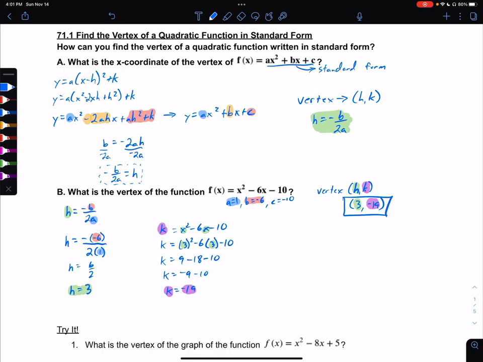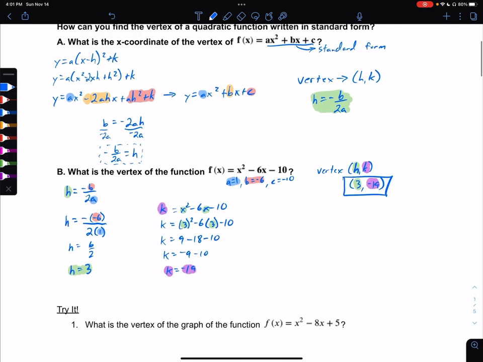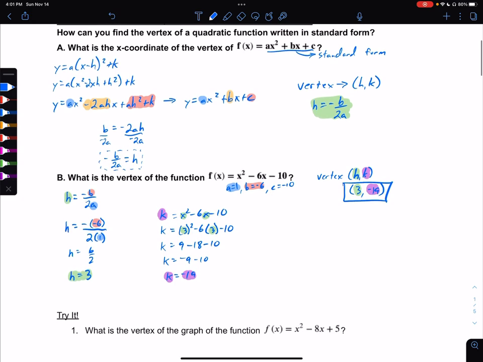Now in a problem like this, anytime they're asking for the vertex, you're going to need to use this formula, h is equal to negative b over 2a. That'll be your starting point. Once you find the h value, you then plug that h value into your standard form function, in this case x squared minus 6x minus 10.